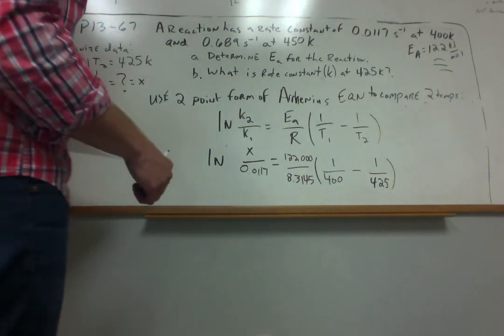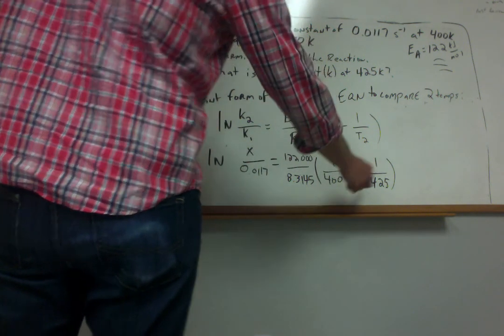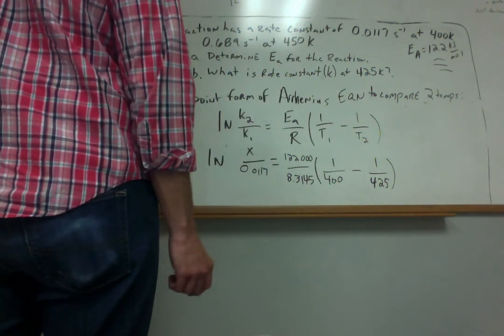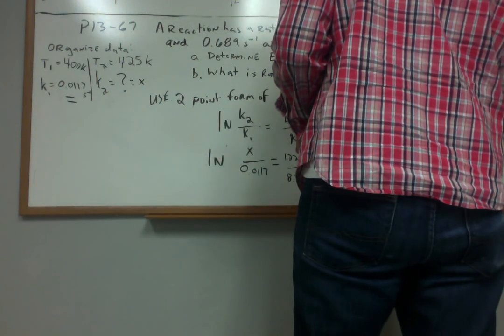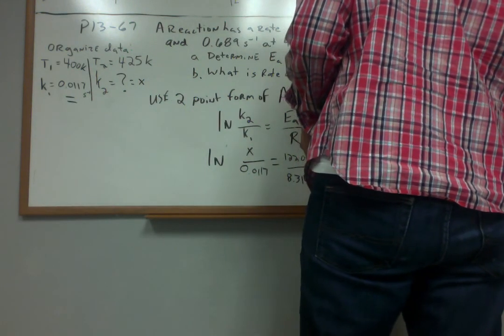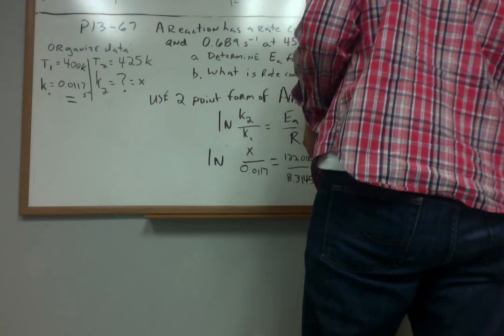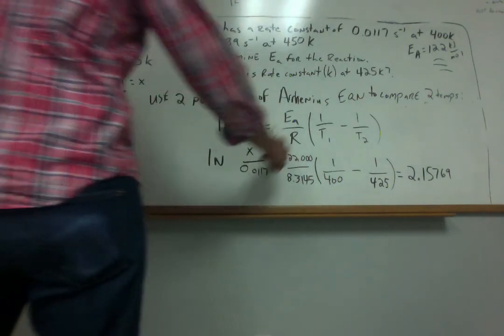If I'm working this problem algebraically, I'm going to find this, do the division on it, then subtract the 2 on my calculator, and multiply that by this ratio. If you do that, you end up getting 2.15769 for this quantitative result.